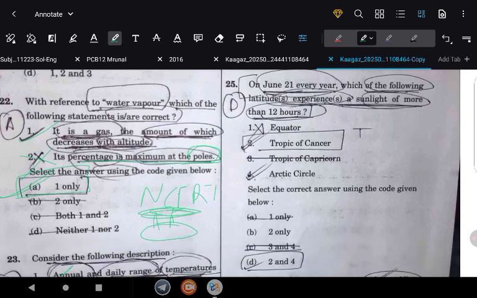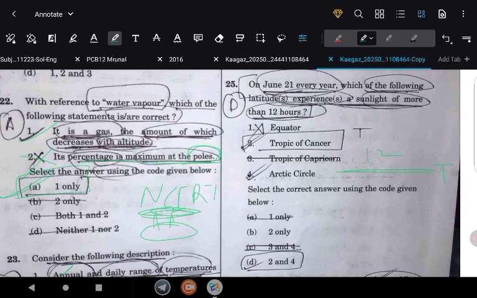The next question: on 21st June every year, which of the following latitudes experiences sunlight of more than 12 hours? So it is basically asking about the summer solstice, that is June 21st. There will be more than 12 hours of sunlight on the area from the Tropic of Cancer onwards, because on June 21st the sunlight will be maximum on the Tropic of Cancer.